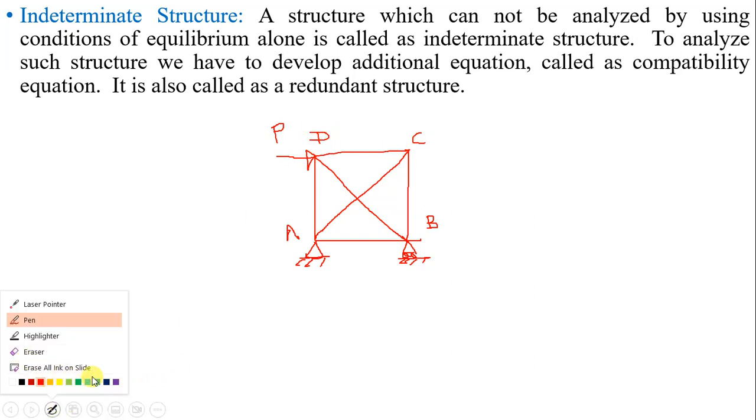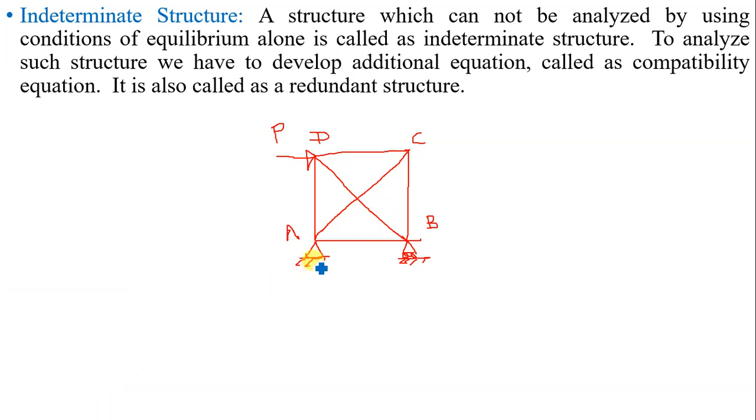See, if it is asked to calculate the reactions, now there is one reaction in the vertical direction, VA. There will be a second reaction in the horizontal direction. Let us name this reaction HA.